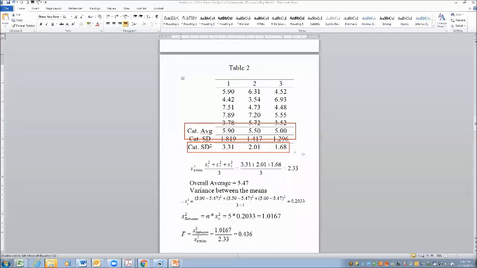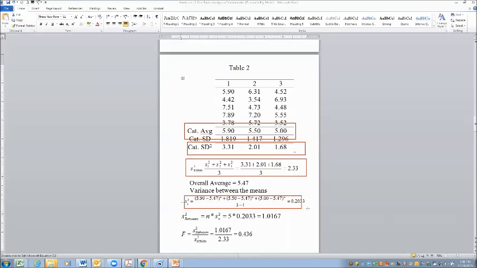I'll give you the overall standard deviations, and then I will most likely ask you to find the within variance. I'll probably give you s sub x squared as well, and have you find the between variance, and then calculate the F statistic. I am not going to have you go through the entire process of calculating the averages and standard deviations, or the averages and the variances.